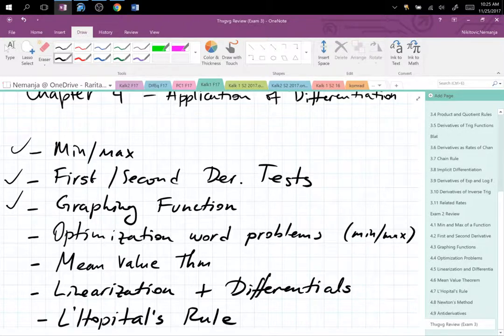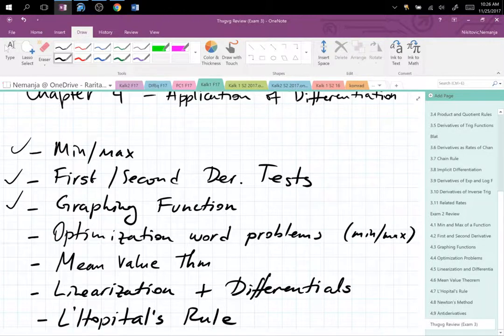The first and second derivative tests talk about concave up and concave down for the concavity, for the second derivative test, and increase or decrease for the first derivative test, and then graphing functions using all of the stuff that you found together.